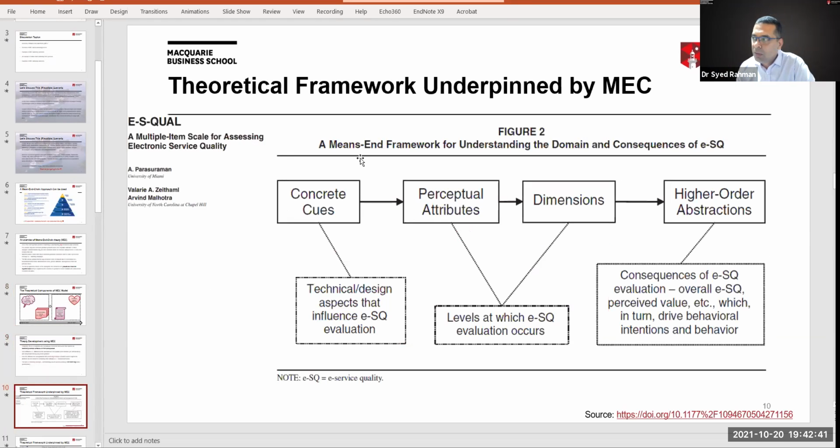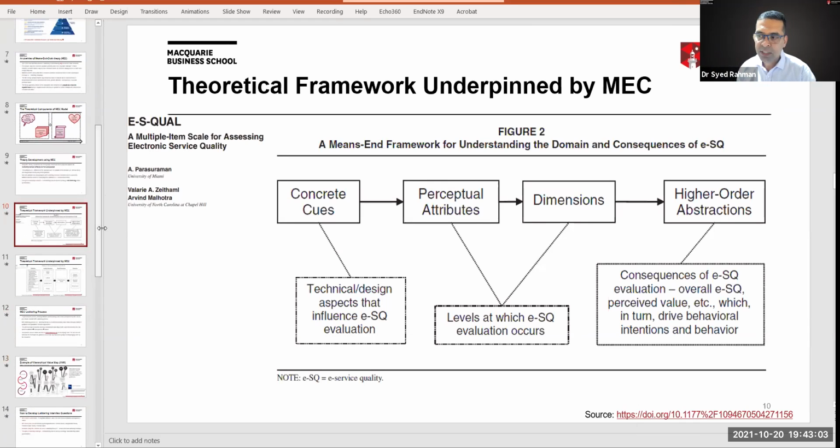You might know about SERVQUAL. SERVQUAL was developed using means-end chain theory. So that was the traditional laddering process. And then if you go to the E-S-QUAL study by Rahman as well, you will find the use of means-end chain theory. So that's a good paper to read about means-end chain theory.